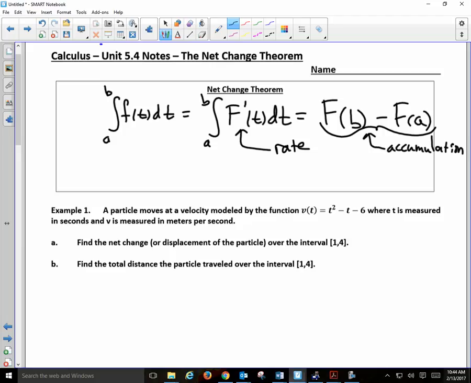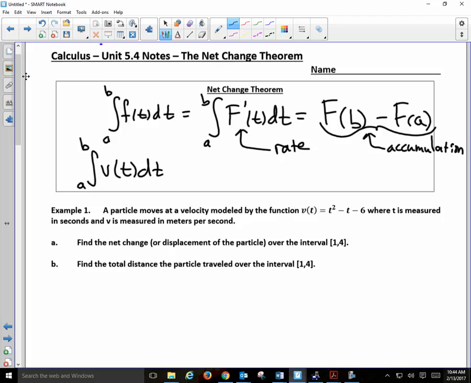So for example, every day I encounter a specific rate, which is the speed of my car. Okay? So if I take the integral from a to b of a velocity function, velocity is a derivative, right?